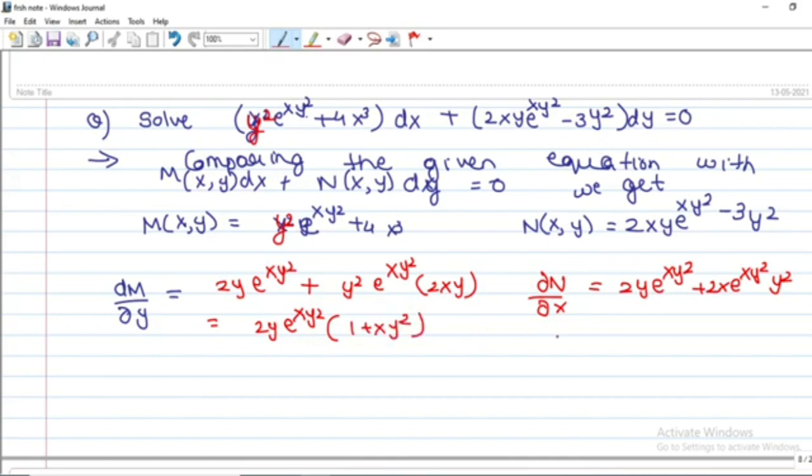Similarly, here in dou N by dou x, if I take 2y e power x y square common, I am left with x y square plus 1. Therefore, what can you say?